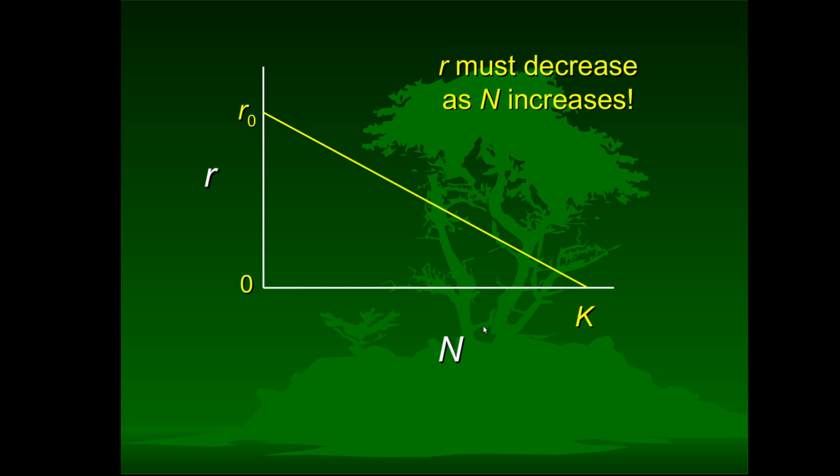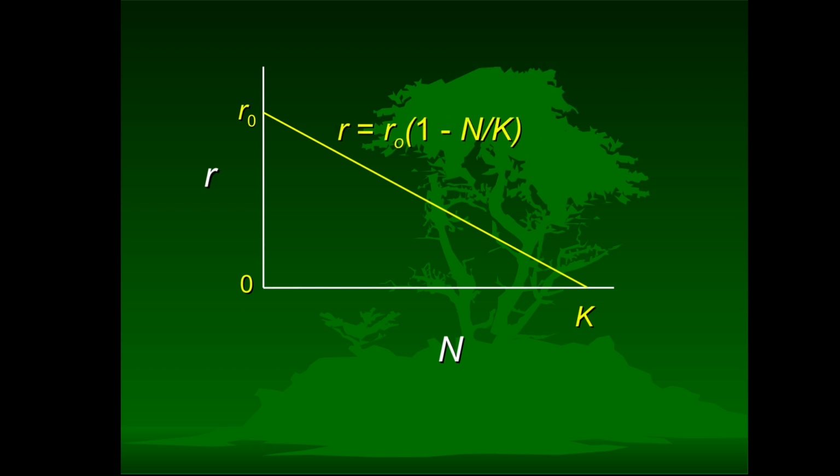And this makes a simple assumption that the decrease of r is linear as n increases. And on top up here, we see the equation for this straight line in terms of the two intercepts. The two intercepts are where the line crosses the y, which is at little r0, and where the line crosses the x-axis, which is this constant k here.